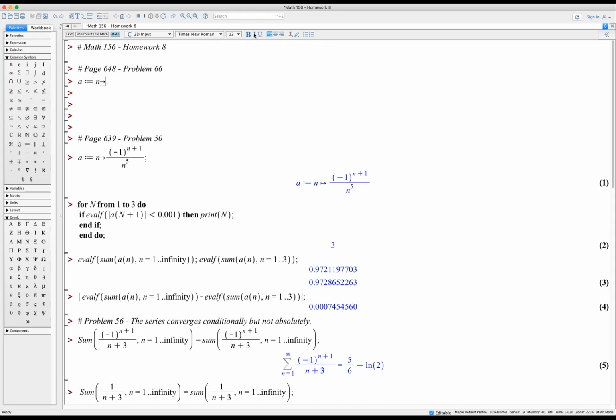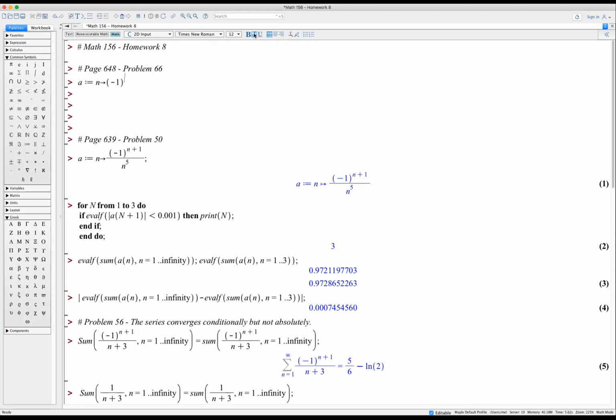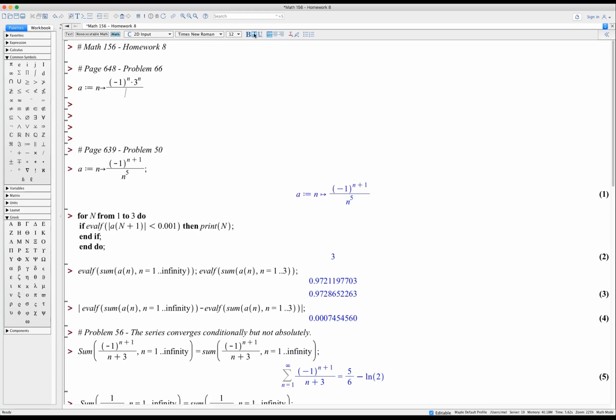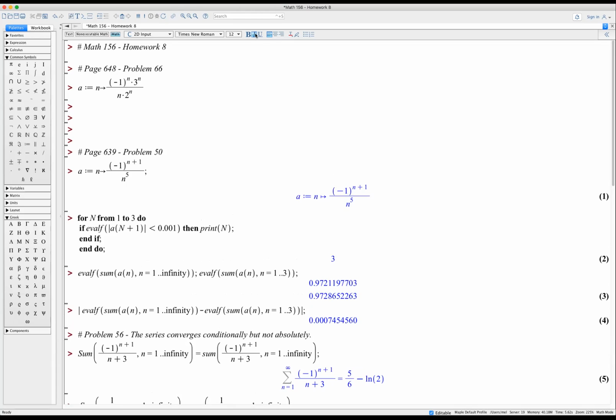So a of n is going to be minus 1 to the n times 3 to the power n divided by n times 2 to the power n.